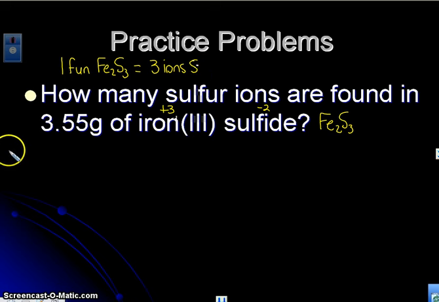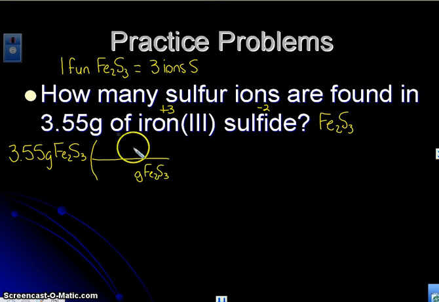So let's start here with our mass of iron 3 sulfide, and then we can figure out what we need to do. We know that we're going to need to get to molecules, and in order to do that, our first step is to convert to moles. So we're going to set up our factor. We want to go from grams to moles, and in order to do that, we're going to need our molar mass. You should add up the molar masses of 2 irons and 3 sulfurs.